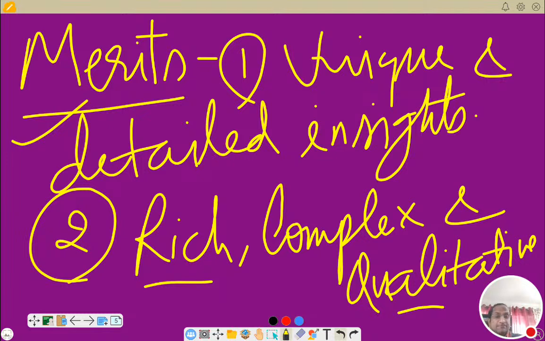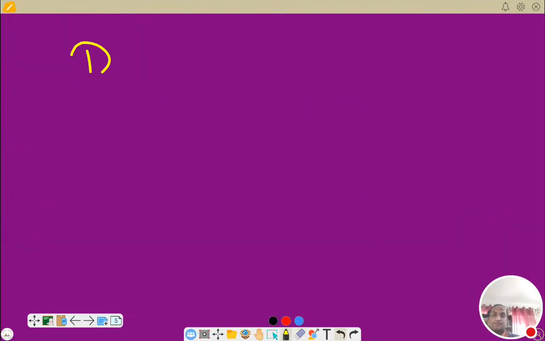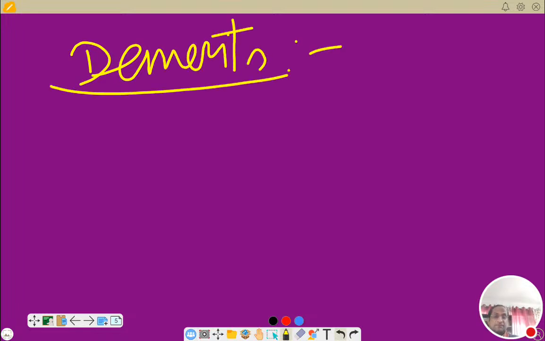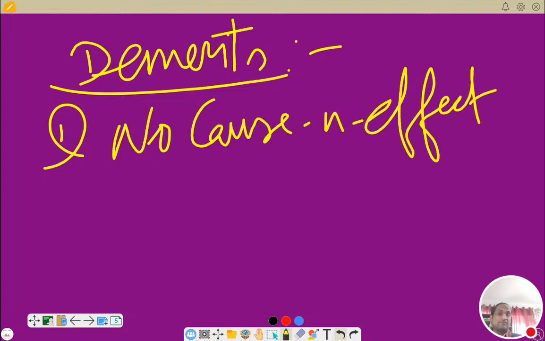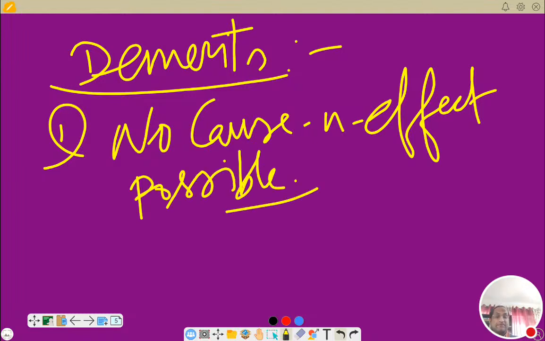What are the demerits here? One demerit of survey, observation and case study, which will all be there: again, no causal inference can be made. No cause and effect inference can be made. To a large extent, cause and effect inference is possible only in the experimental design. That too cannot be absolute because it's not a natural science.